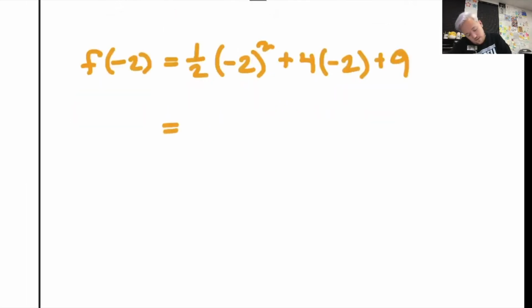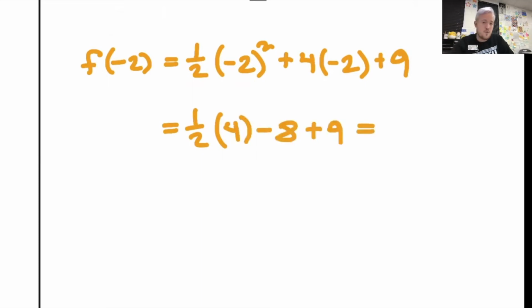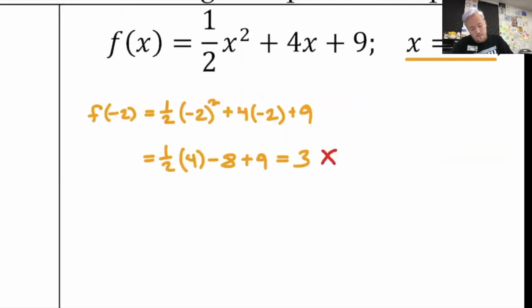So I have 1/2 times -2 squared, which is 4, so that's 2, then -8 plus 9. So 2 minus 8 is -6, -6 plus 9 is 3, which does not work. So it's not a solution.